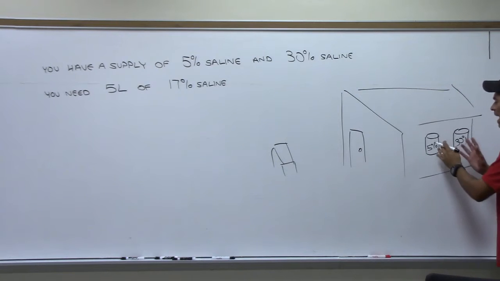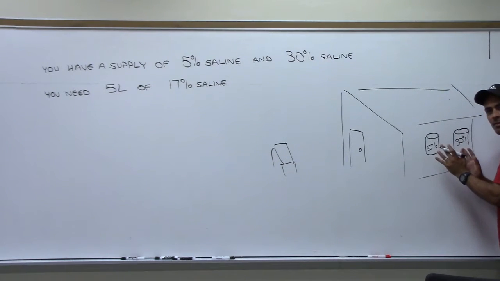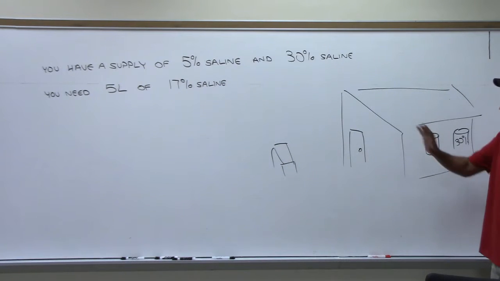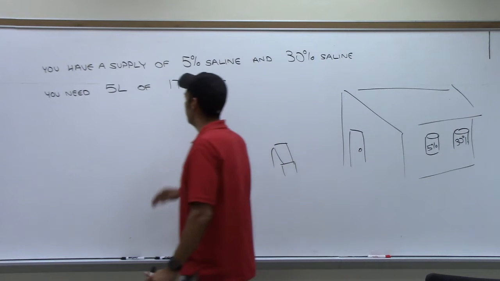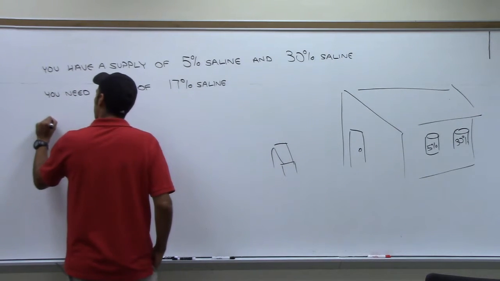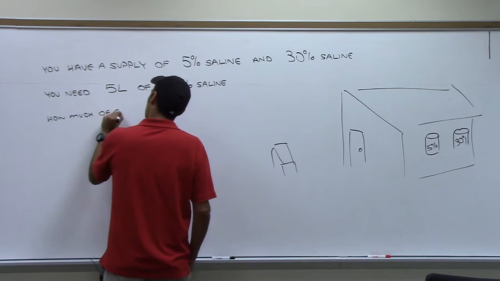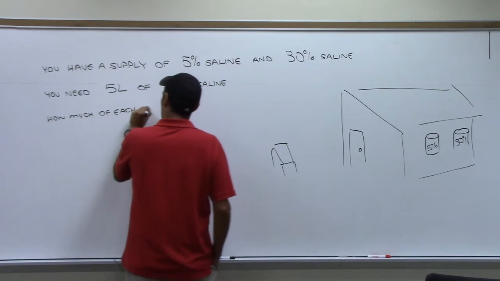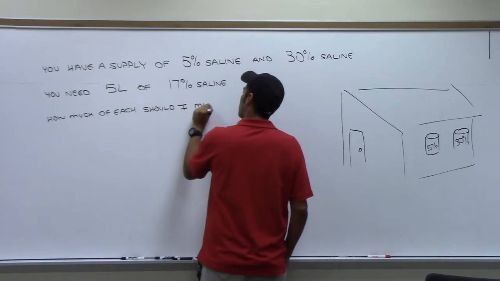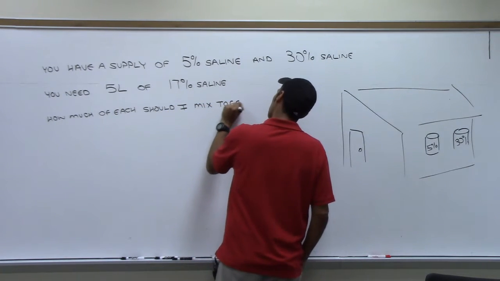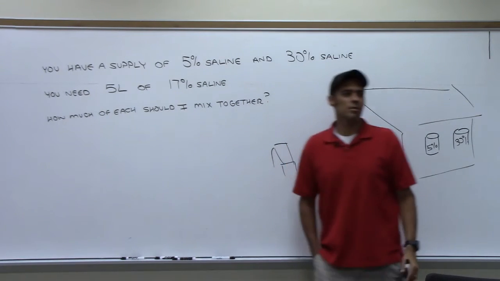Now imagine these vats are big, okay? So I've got an unlimited supply of this stuff, so we don't have to argue about, oh, what if you don't have that much? I've got plenty of that stuff back there. How much of each should I mix together? Do you all understand the problem?